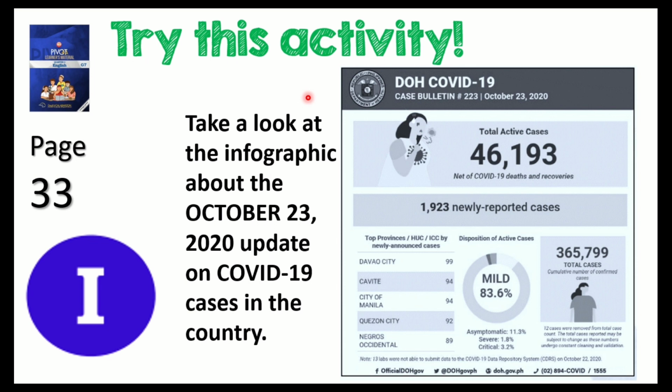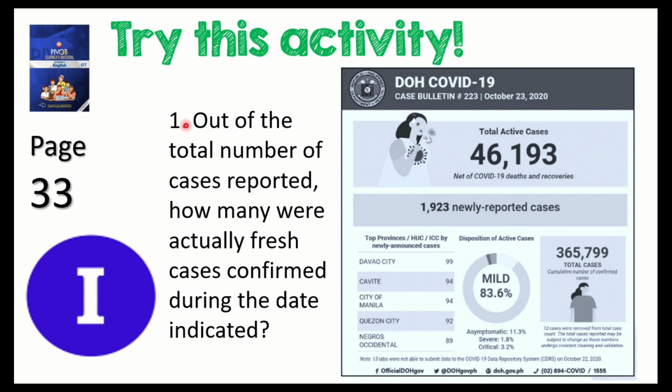Let us see if you can locate the information or details presented here in the infographic. Question number 1. Out of the total number of cases reported, how many were actually fresh cases confirmed during the date indicated?